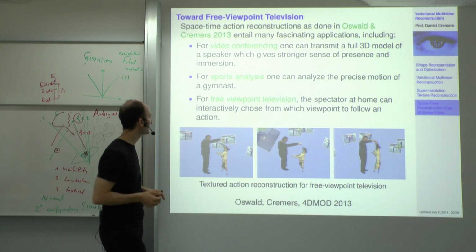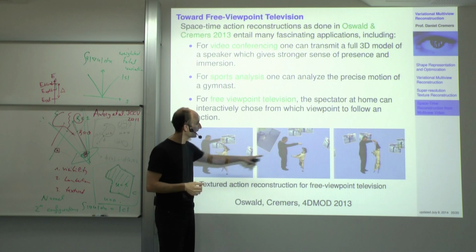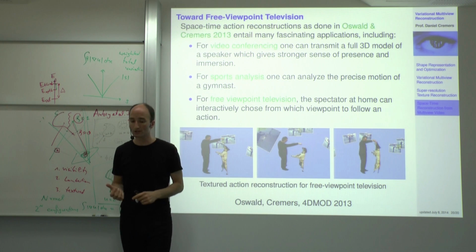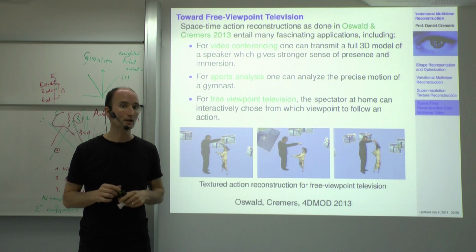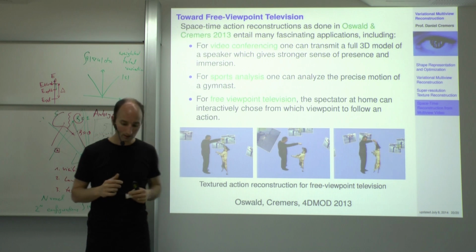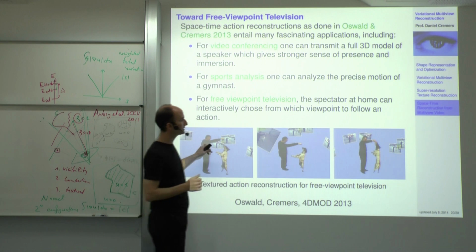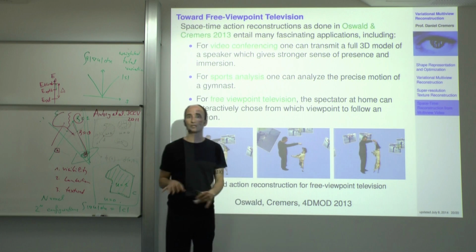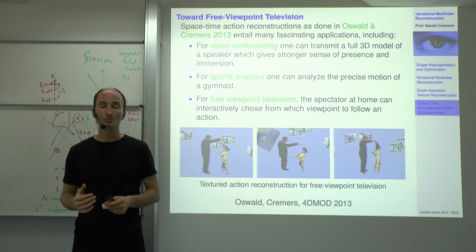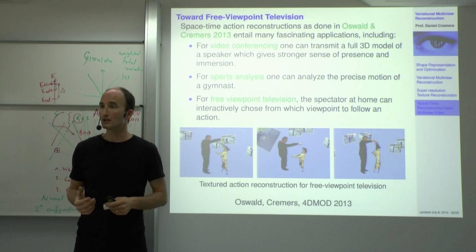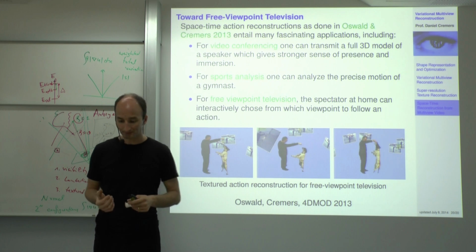And I showed you we can estimate the geometry and we can estimate the colors on the surfaces even in a temporal setting. So I think this should have convinced you that there is quite some potential in what we can do with cameras, well beyond the possibilities, say, of laser scanners.